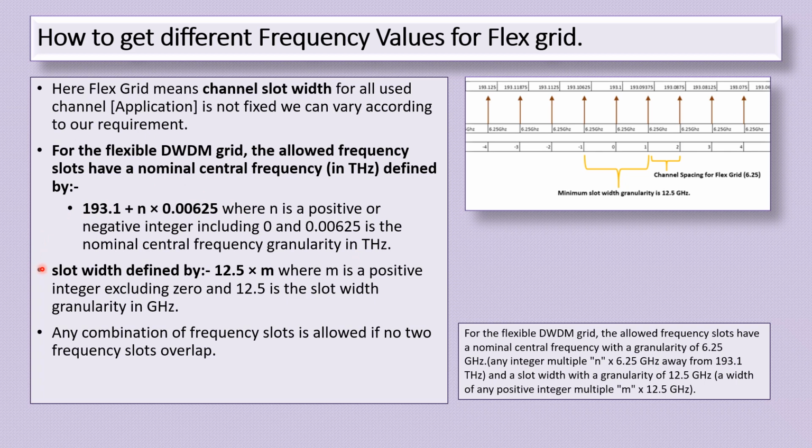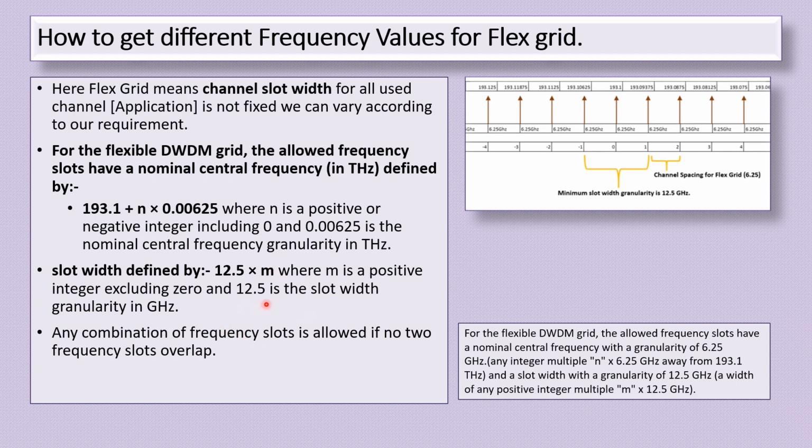In FlexGrid, it is very important to choose the slot width for a particular frequency which we are choosing. The slot width is defined by 12.5 times m, where m is a positive integer. This does not include the zero value, and it includes all the positive values beginning from 1.